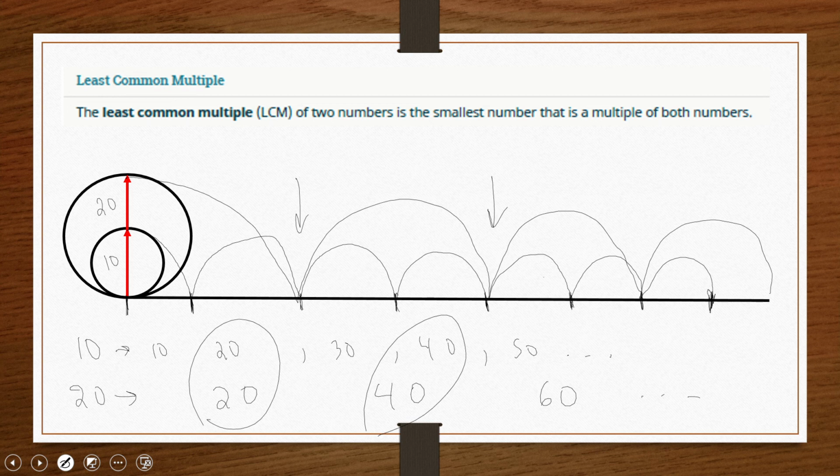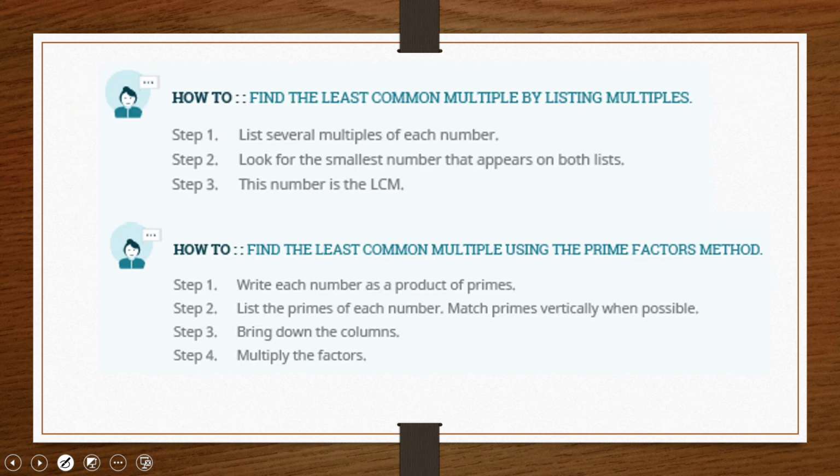This is similar to the very first technique we'll talk about as far as how you actually find the least common multiple. You can do so first by simply, given two numbers, listing the different multiples of each, and then looking for the smallest number that appears on both lists. That's the least common multiple. Now there's another technique that I'll talk about in just a moment.